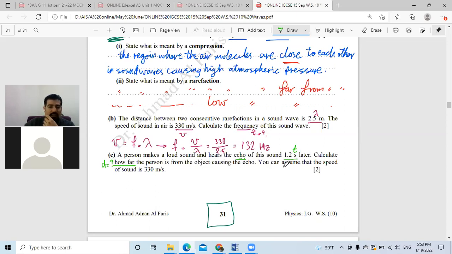You can assume the speed of sound is still 330 meters per second. So distance equals speed multiplied by time divided by 2. Why do I divide by 2? Because there is an echo. So 330 multiplied by 1.2 divided by 2, and the answer is 198 meters, approximately 200 meters. Good.